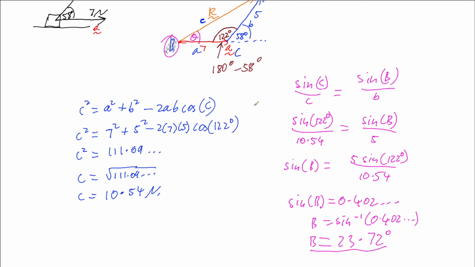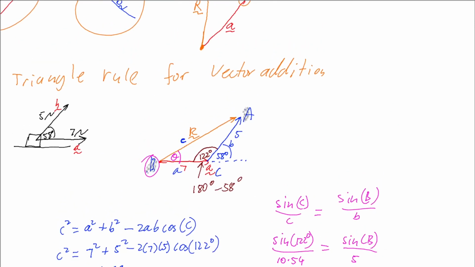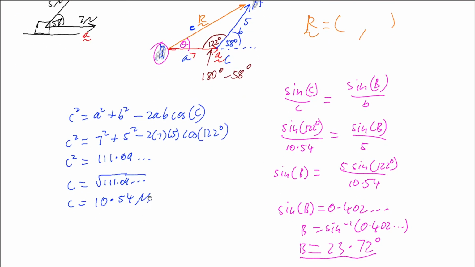Our resulting force, R, is going to be, let's try to make that more of an R, R is going to be a magnitude of 10.54 newtons, at an angle of 23.72 degrees.